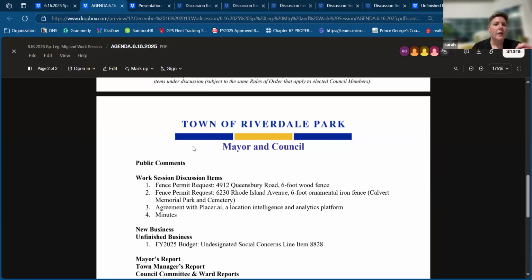I noticed item number 3 about the agreement with Placer AI. I'm not sure where we are in the process with that, but I had a couple of concerns about a foot traffic tracking and analytics platform in our town. I'm curious about why we think we need it. I'm interested to hear more about that. I do know that it runs on an opt-out sort of consent system.